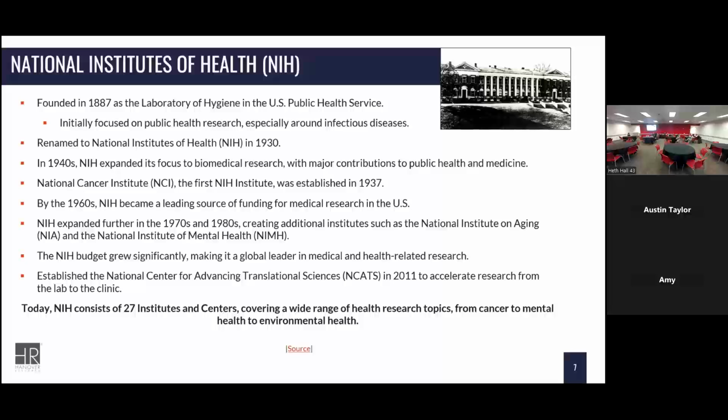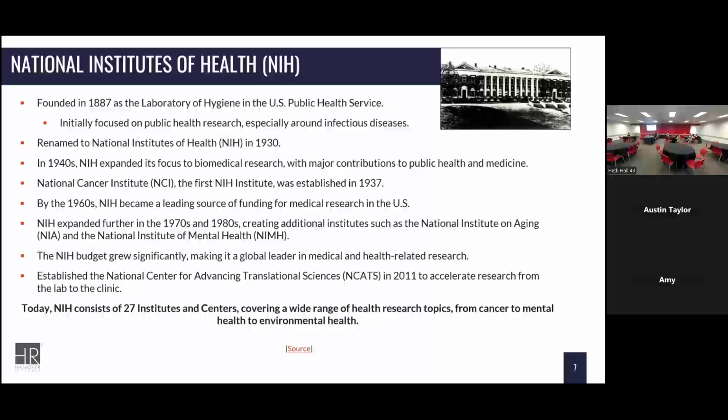And then it expanded into other aspects of health and medicine. The National Cancer Institute, the NCI, was the first institute that was established. As we'll talk about throughout the day, the NIH itself is composed of multiple institutes and centers, and each has its individual areas of focus.